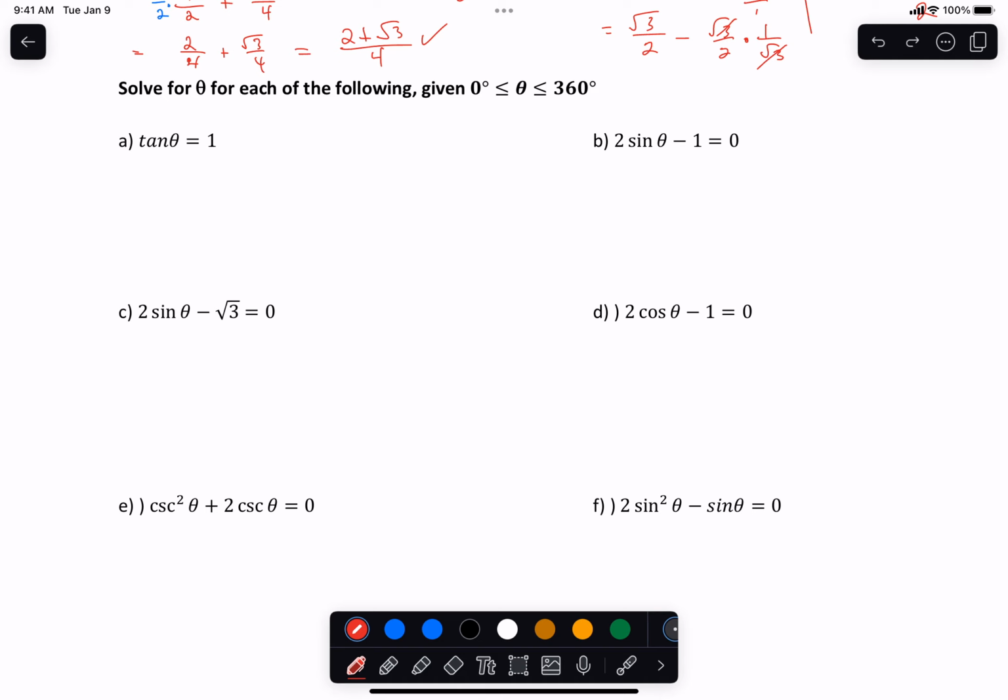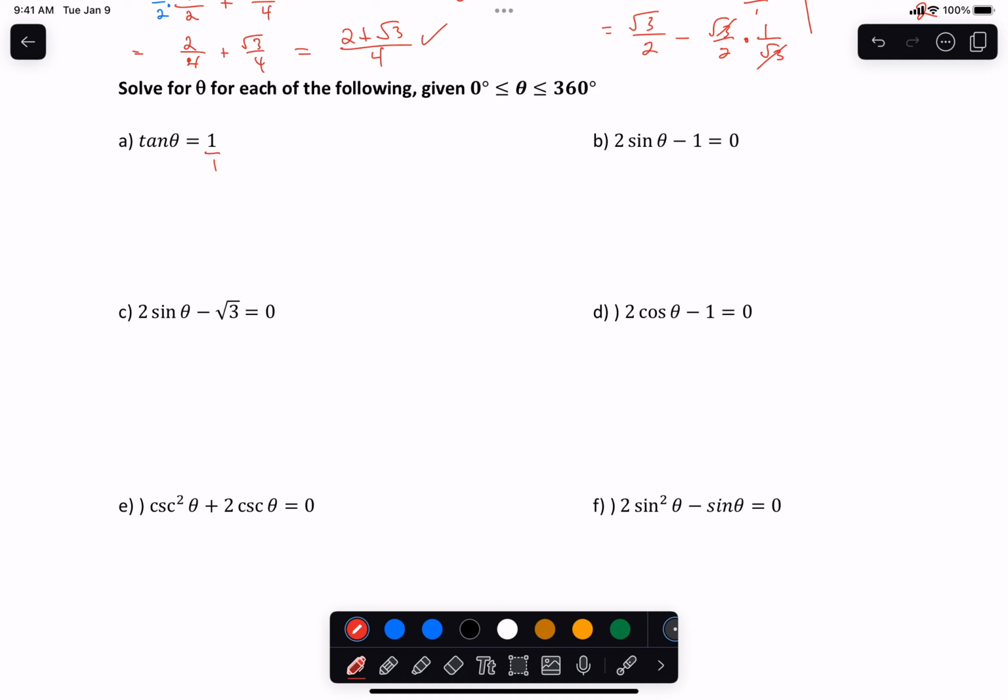So it requires you to know, or at least have some idea as to which triangle is able to produce the ratios that you end up solving for here, or isolating for, I suppose. So in question A, not a lot of isolation to be done. Remember, you can always take something and divide it by 1.